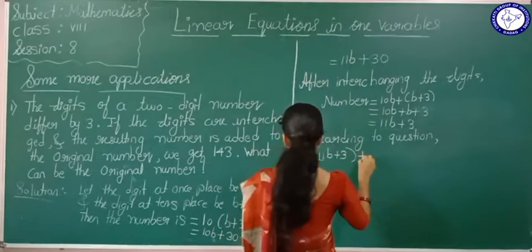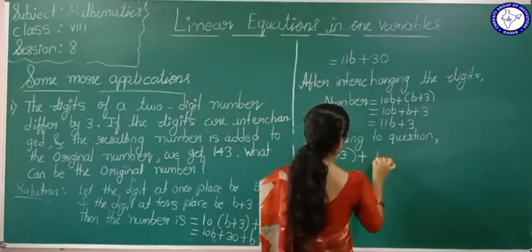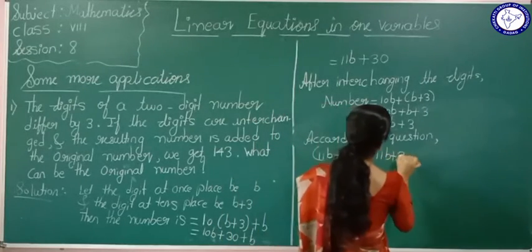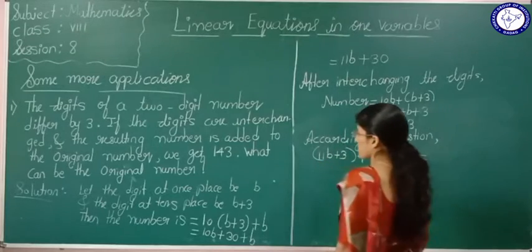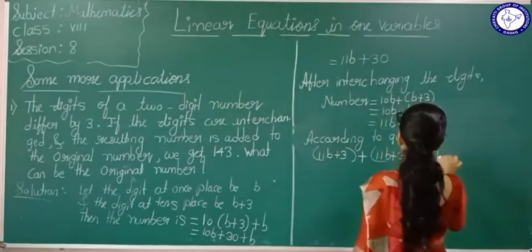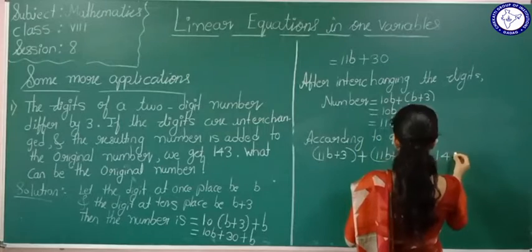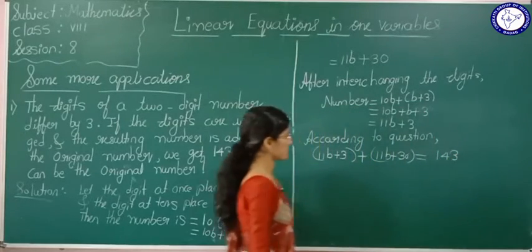This number is added to the original number, that is 11b plus 30. This is equal to 143. Now solve this.